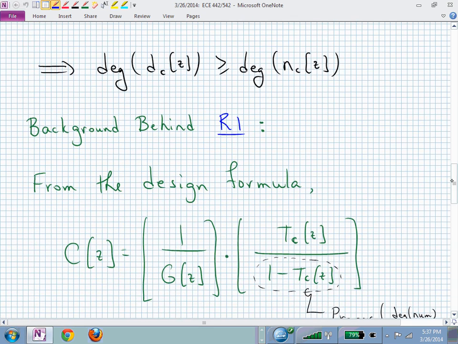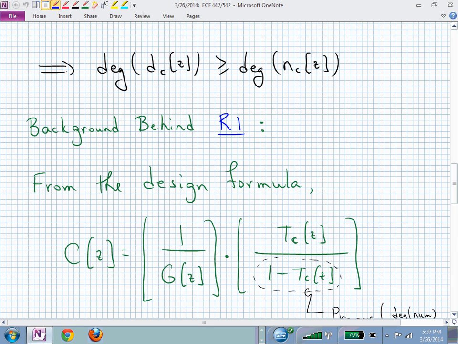And we went through this cross multiplication and showed how the output of the controller was related to the input of the controller, and why, if you didn't have that condition, you could have a non-causal relationship between your input and output of the controller. So you need your denominator polynomial to be at least as big in order as the numerator in your controller.